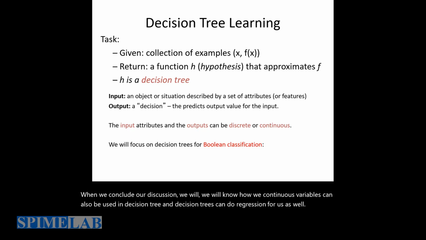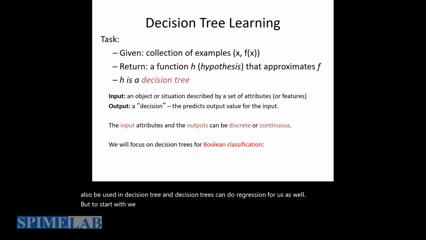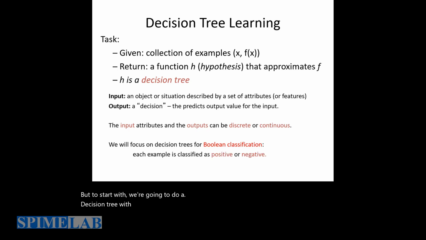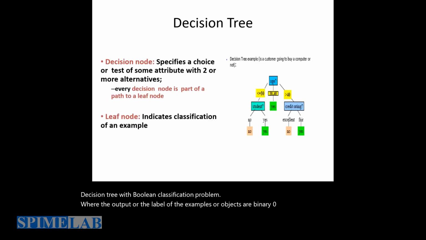But to start with, we are going to do a decision tree with a Boolean classification problem, where the output or the label of the examples or objects is binary, 0, 1, positive, negative, male, female, etc.